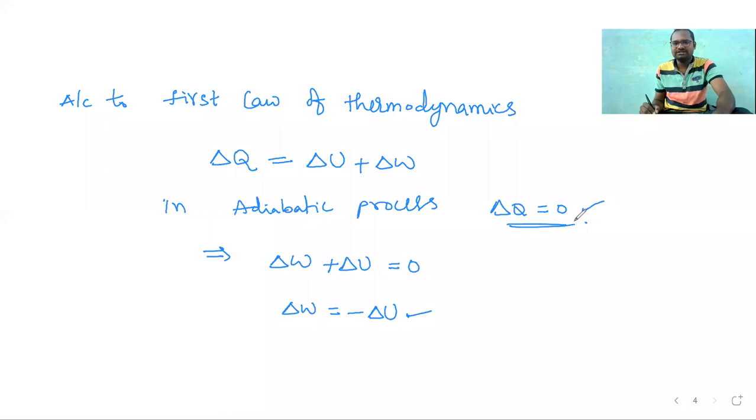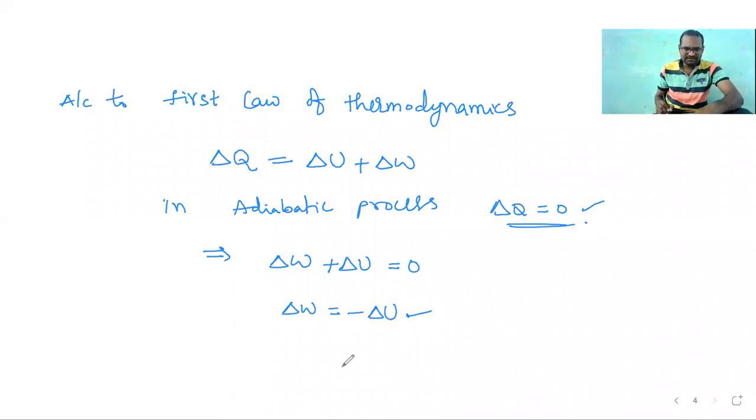No change in heat energy. So according to the first law, delta W, the work done by the gas, plus the internal energy change is equal to 0, so work done equals minus the change in internal energy.